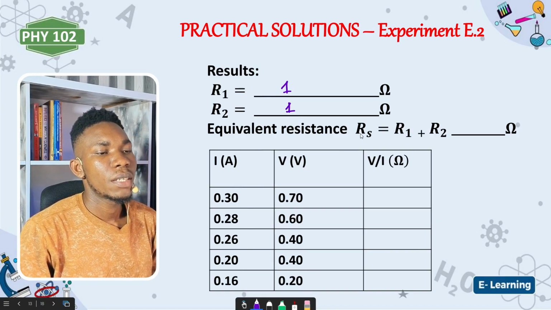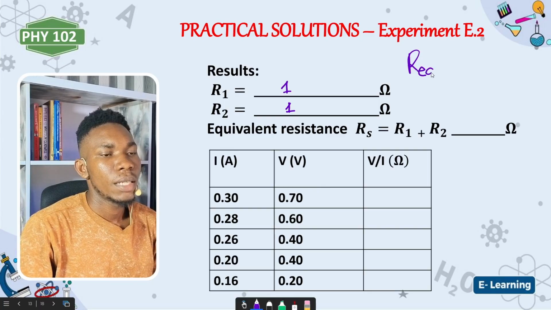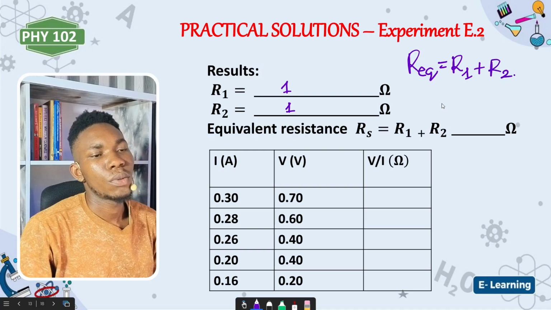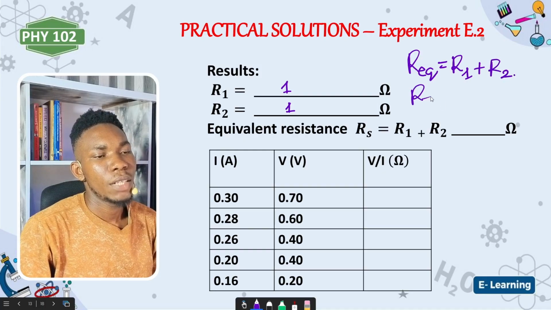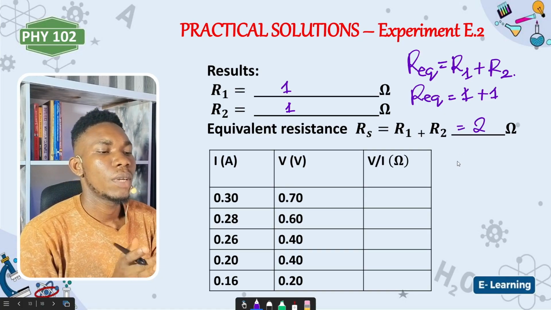So the equivalent resistance for resistors in series, we usually say that R equivalent is what? R1 plus R2. So our equivalent resistance for this case will be 1 plus 1, which equals 2 ohm. That's our equivalent resistance.